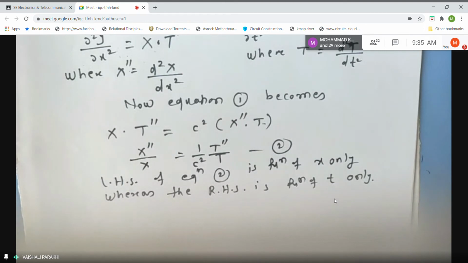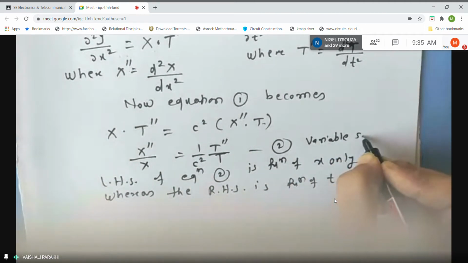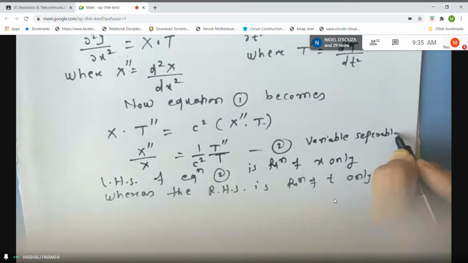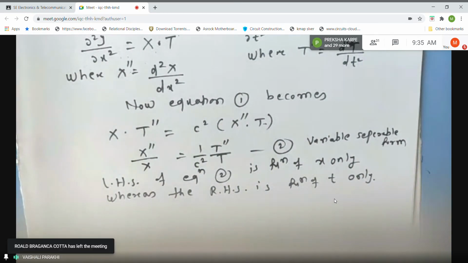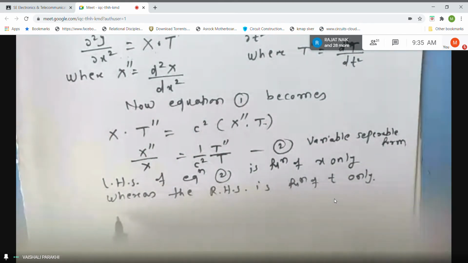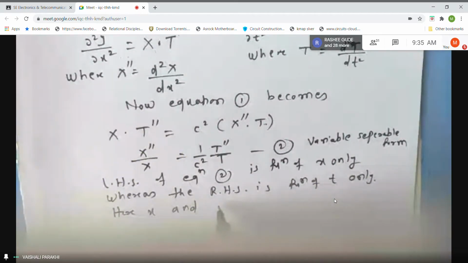So this is called variable separable form. What is the meaning of variable separable? On one side all terms in x, on the other side all terms in t. But what happens here, students, is that x and t are independent variables here.